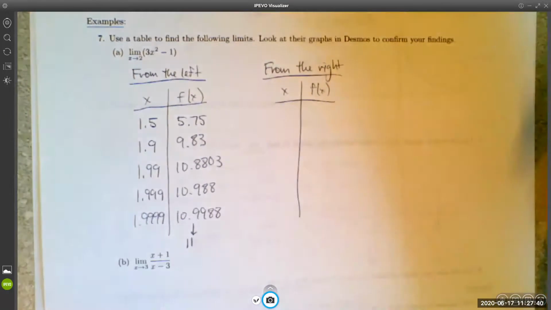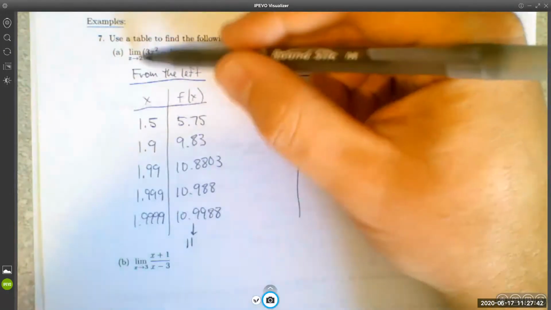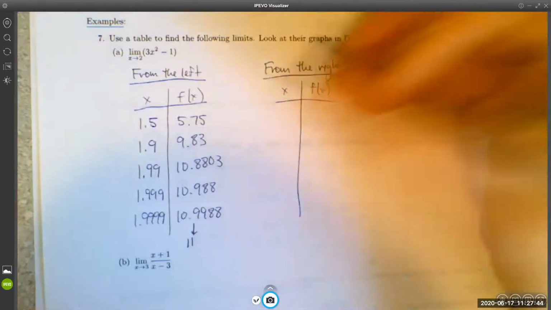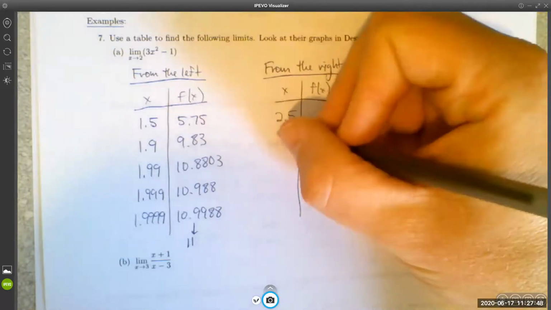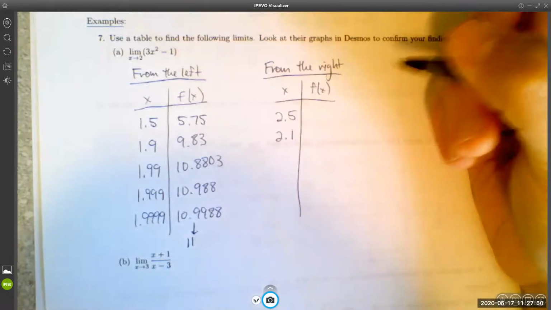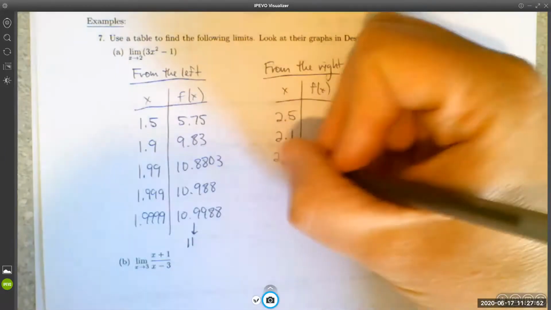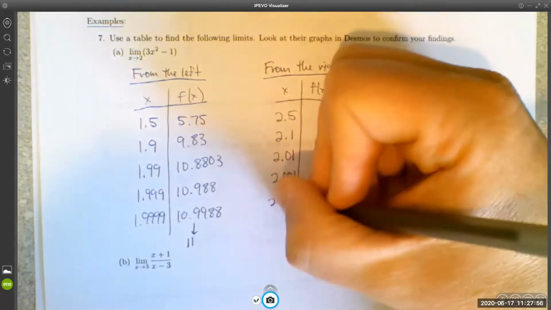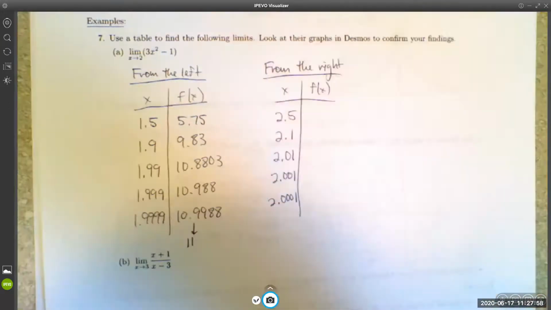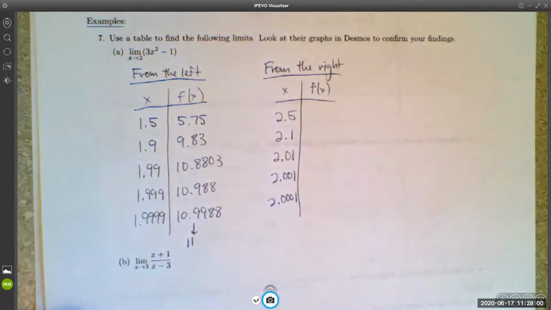If we're approaching from the right, that means I should be plugging in numbers slightly bigger than 2. So I might start at like 2.5, and then I might get closer to 2, right? So go down to 2.1, and then closer, and then closer, and then closer. Let's see what we end up with.